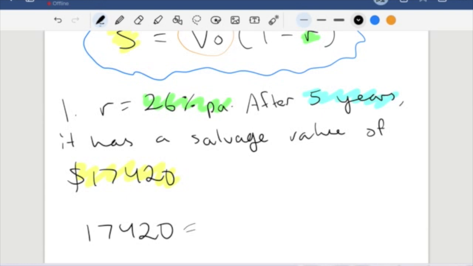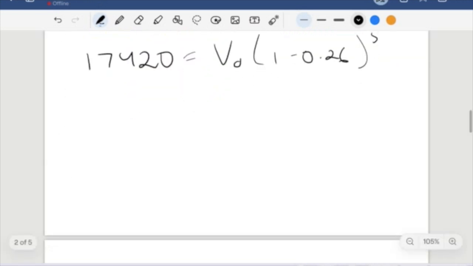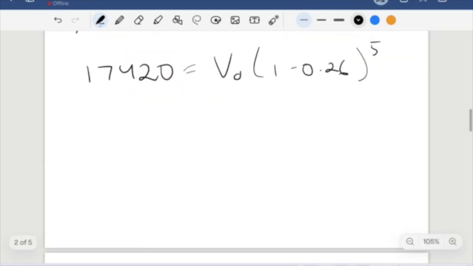So, putting in all of the important bits, substituting them into the formula, I have 17,420 equals, I don't know what my initial price is, so I'm going to leave this as V0, times 1 minus 26%, so 1 minus 0.26 to the power of 5. Okay, so we're working backwards to find the initial cost. Remembering that here, V0 is multiplying by this thing here.